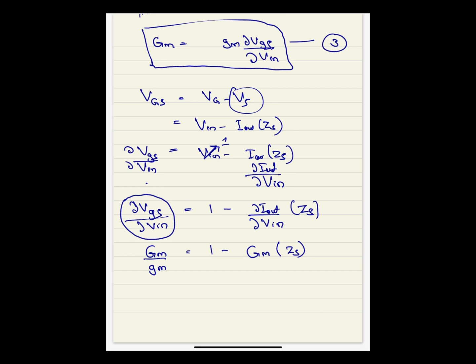Working down this equation, we get Gm equal to gm minus gm into Zs Gm. Moving Gm to this side, you get 1 plus gm Zs into Gm is equal to gm. So Gm is equal to gm divided by 1 plus gm into Rs.